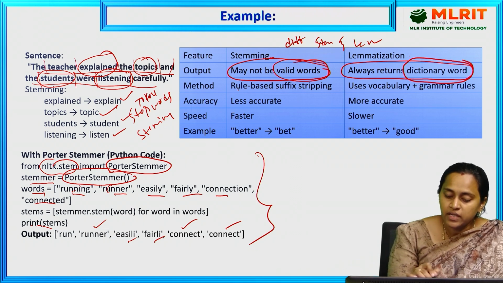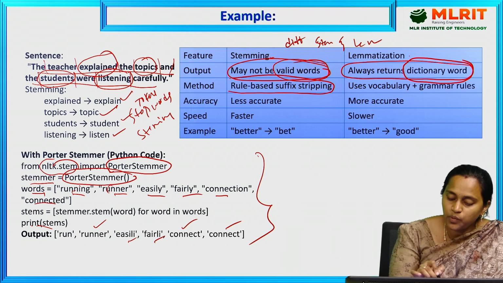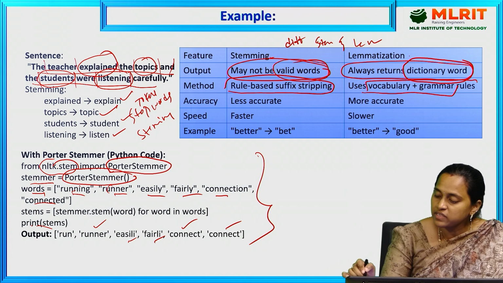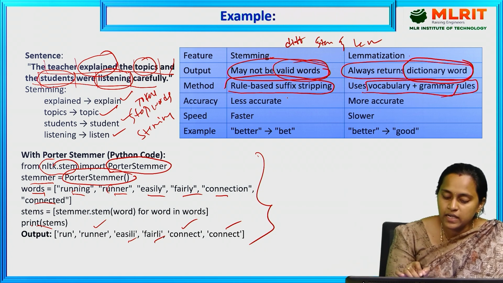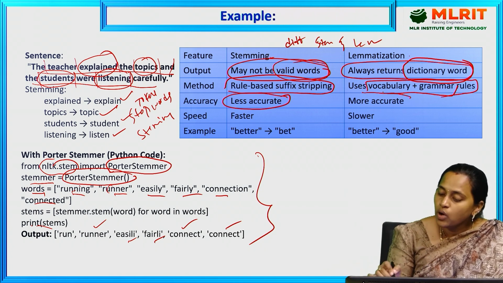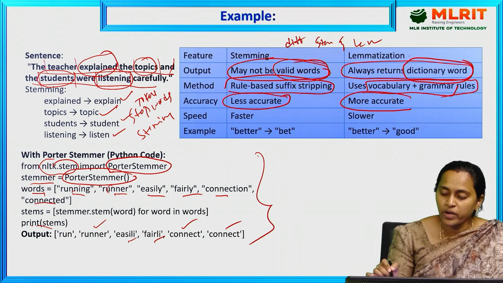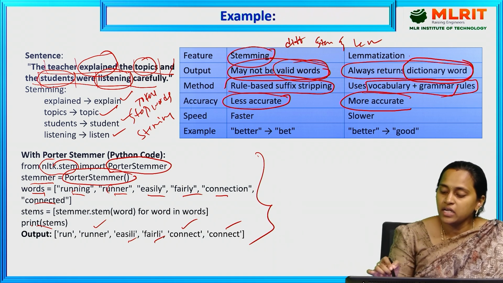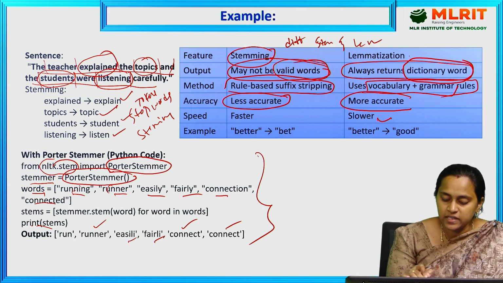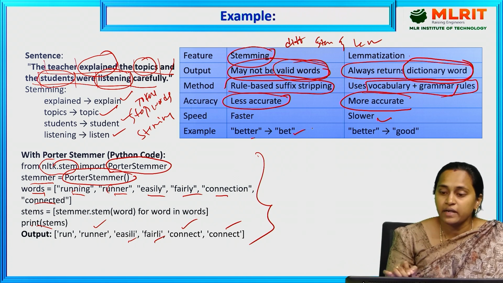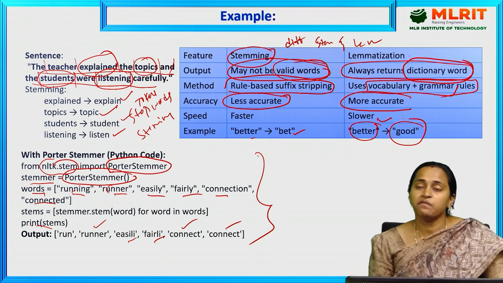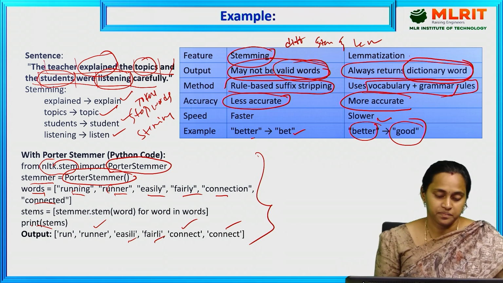For the method, stemming uses rule-based suffix stripping, but lemmatization uses vocabulary and grammar, following syntactic rules. Stemming is less accurate compared to lemmatization, which displays more accurate words. Stemming is faster, but lemmatization is a slower process. See the example: better, stemming gives bet, but lemmatization gives good. This is the main difference between lemmatization and stemming.